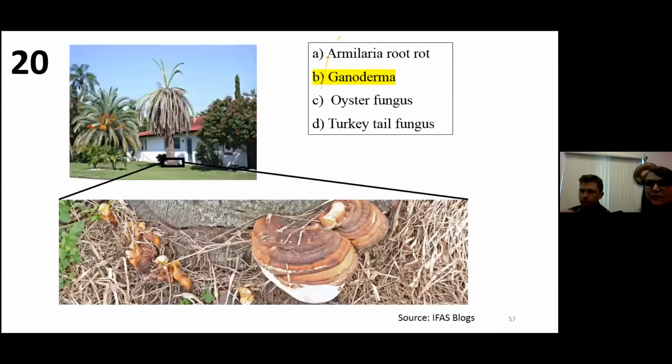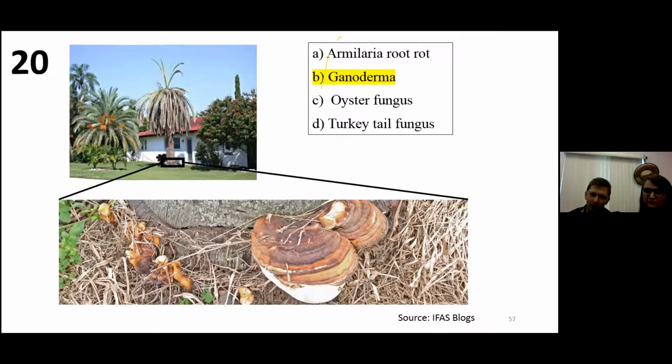Okay, number 20. So we got Ganoderma, 50% of folks selected Ganoderma. The other one was oyster fungus, which is not a bad guess. You're in the neighborhood in thinking that it was a fruiting fungal body. But Ganoderma is also referred to as butt rot because it forms towards the bases of trees.